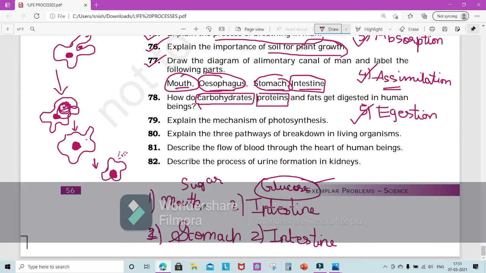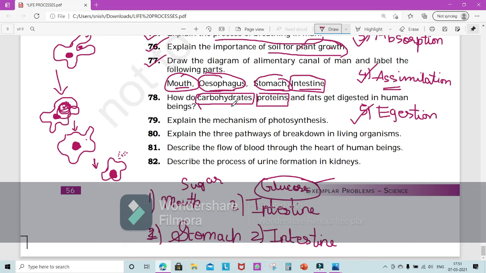Finally in the intestine, by the action of the pancreatic juices, which is trypsin. So we have pepsin and we have trypsin. With the help of trypsin, and also just for information, chymotrypsin enzymes will also act. These 2 are going to act to break down proteins to form amino acids.